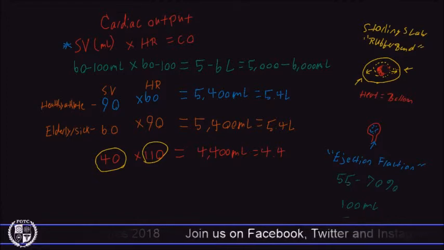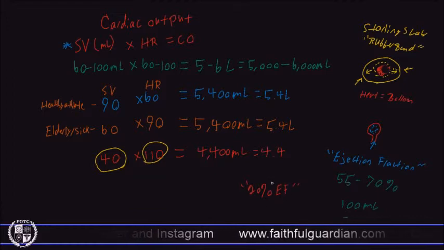If you hear somebody say they have a 20% EF, or a 20% ejection fraction, that means for every 100 milliliters their heart actually contains, they're only sending out 20 milliliters of blood every single time. These are the patients you're going to see with a heart rate of 110 or greater, because those are your super sick patients.